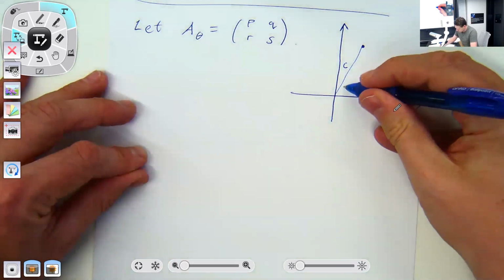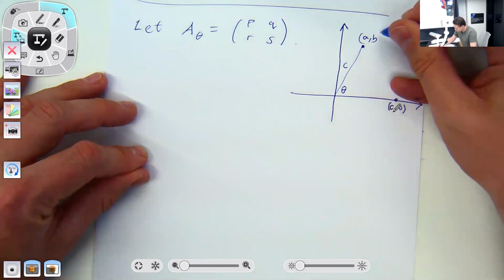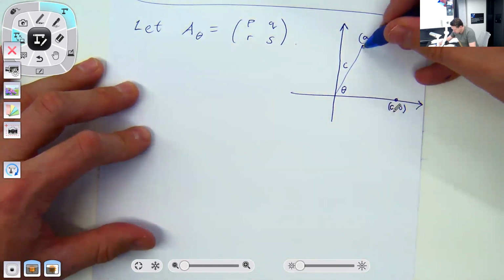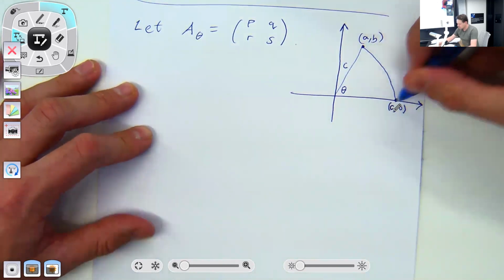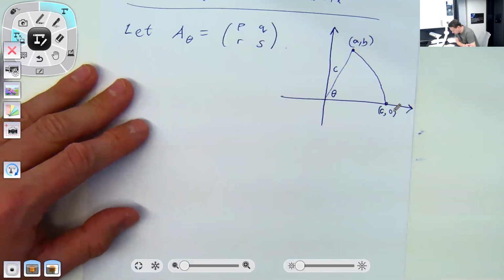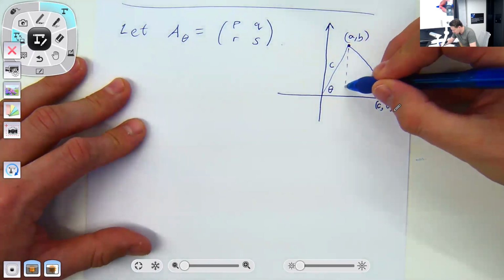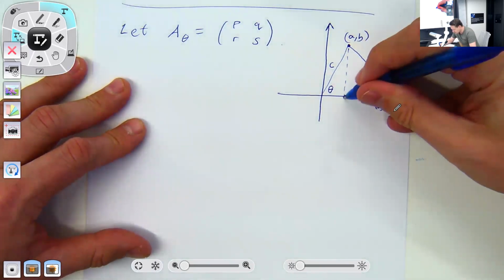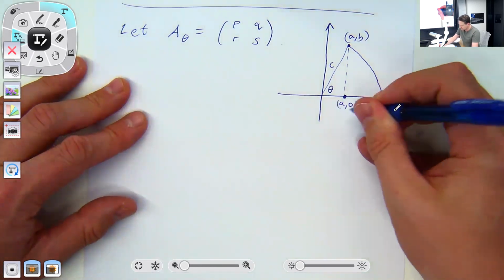All right, so here I'll put in the angle theta. I'll label this point as A, comma B. And then I'll put an arc length of a circle there, just to emphasize that those have the same length. Then let's come down with a dotted line and form a new point, the point A, comma 0, because they have the same x-coordinate.